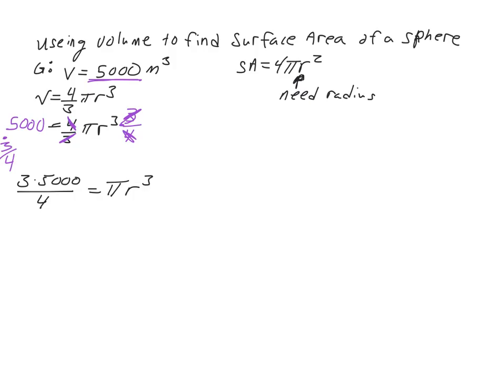So 3 times 5,000, that's 15,000 divided by 4 equal to pi r cubed. So 15,000 divided by 4 is 3,750.